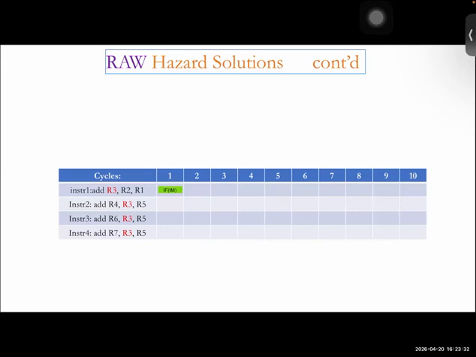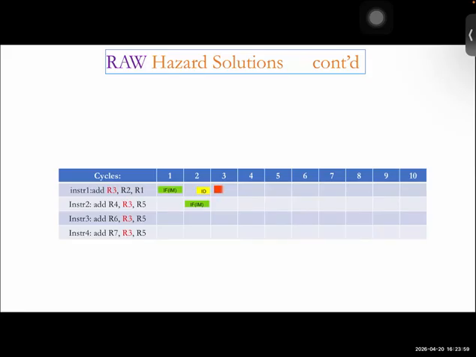Instruction 1 enters the pipeline in the first cycle in the instruction fetching stage. At the second cycle, instruction 1 moves into the instruction decode stage, and instruction 2 is allowed inside the pipe, fetching from the instruction memory.